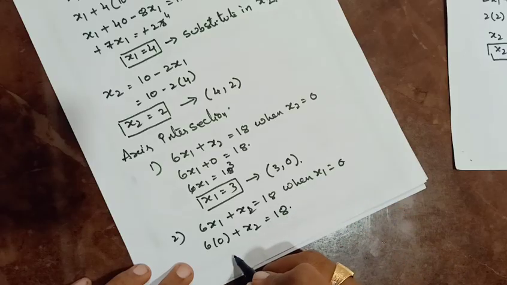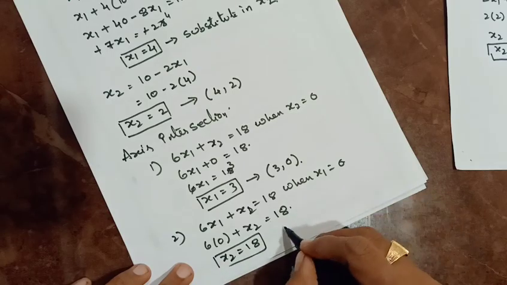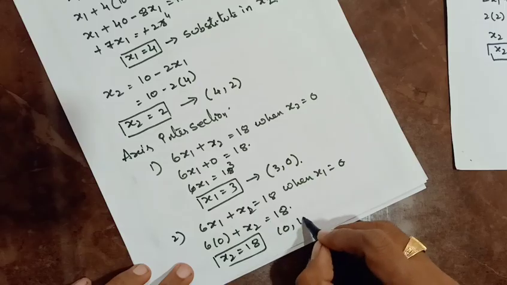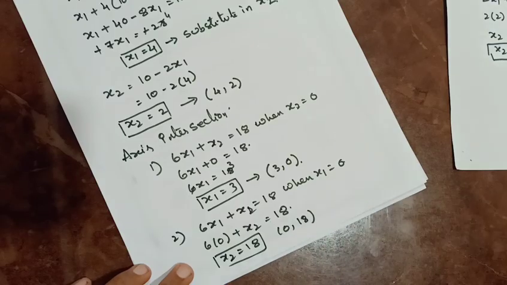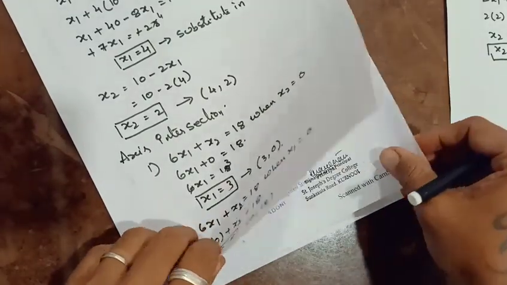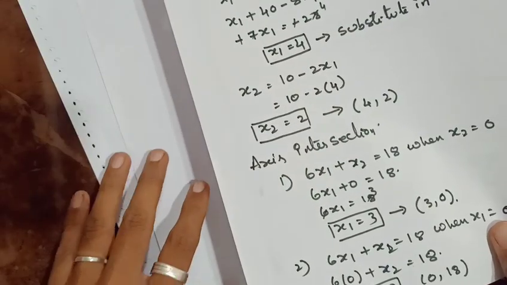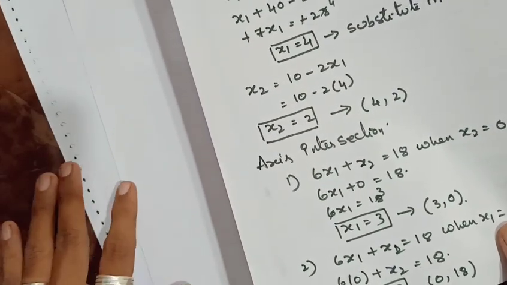So directly we got x2 equal to 18. So when x1 is 0, x2 is 18. We got one more point. In the same way, we will do it for constraints 1 and 2.